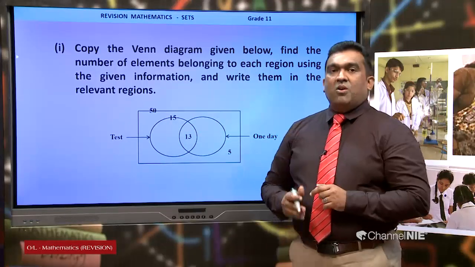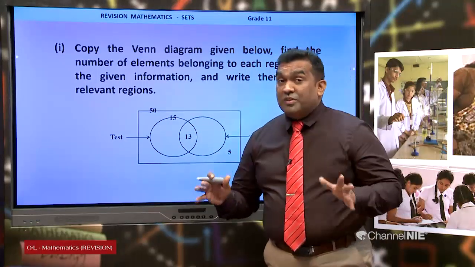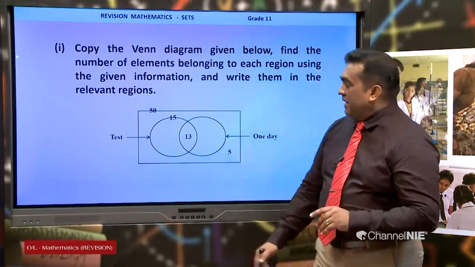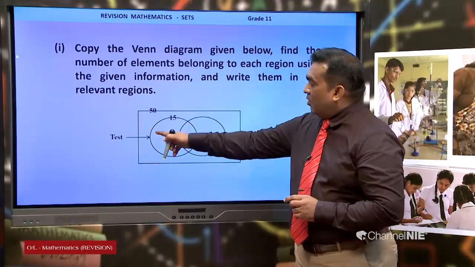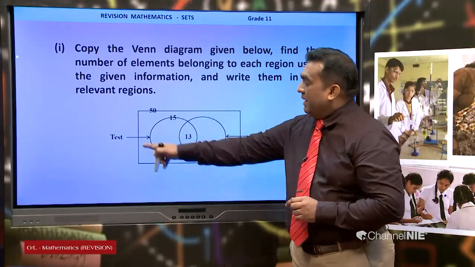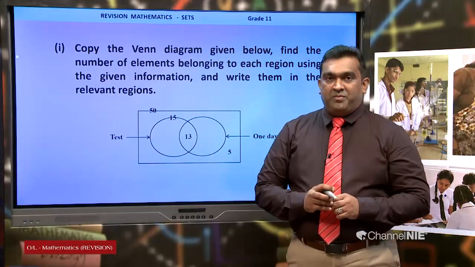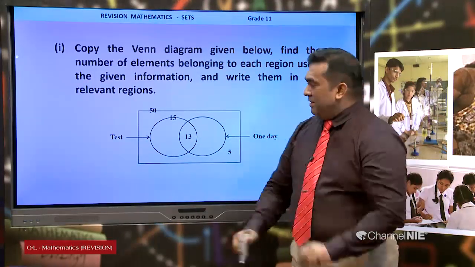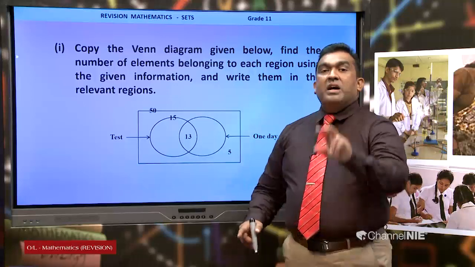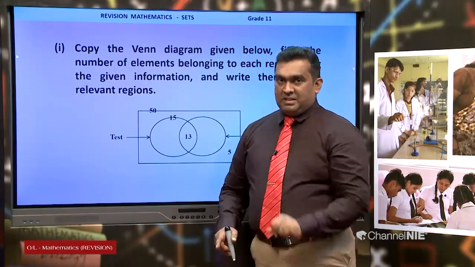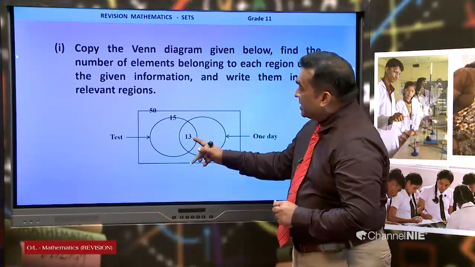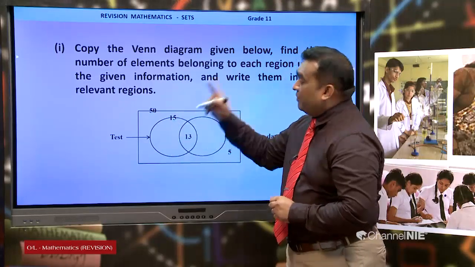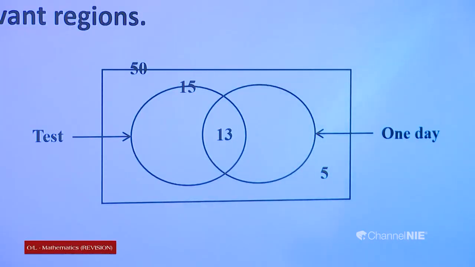50, the total number of elements in the universal set. Here, total number of elements 15 in test match. It is clear that this set is divided into two regions. Sum of elements of these two regions is 15, right?